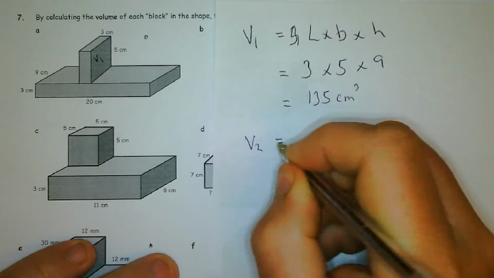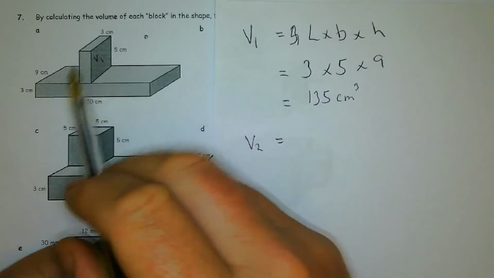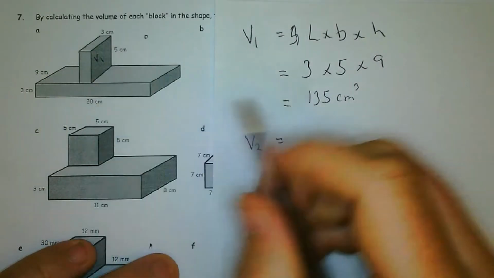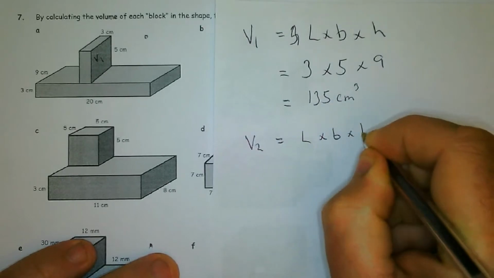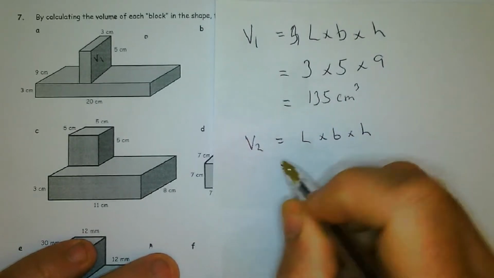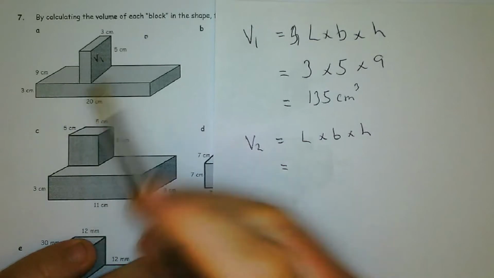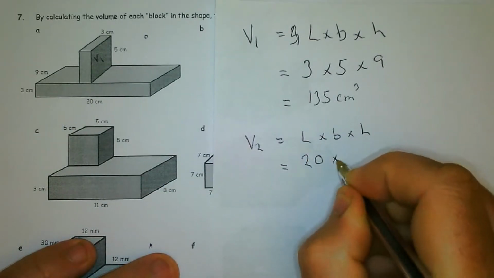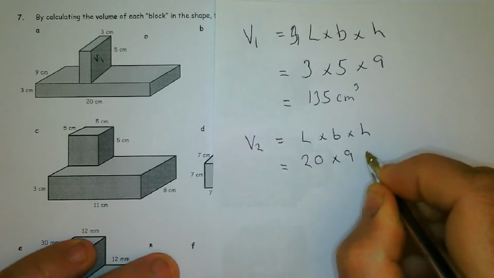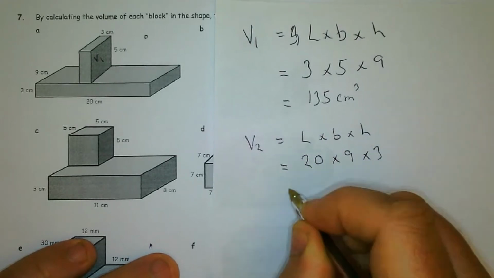Volume 2 is this big flat one, and that's dead straightforward. I've made the answers really straightforward. So again, L times B times by H, and that'll be 9 times 3 times 20. So the length is 20, the breadth is 9, and the height is 3.